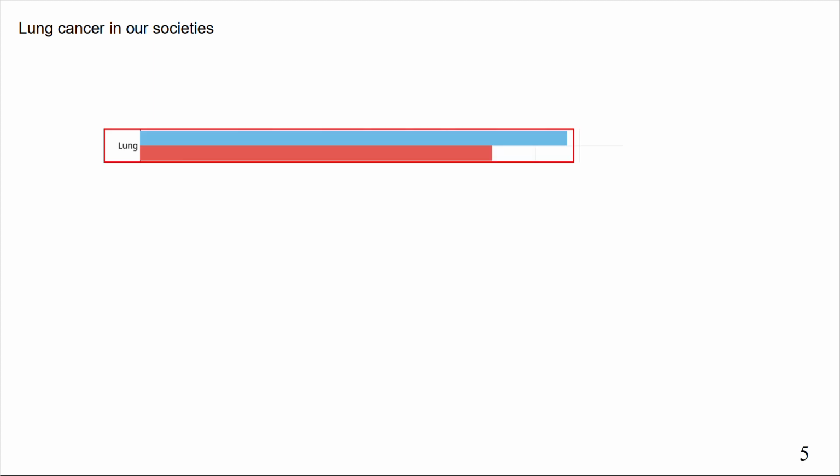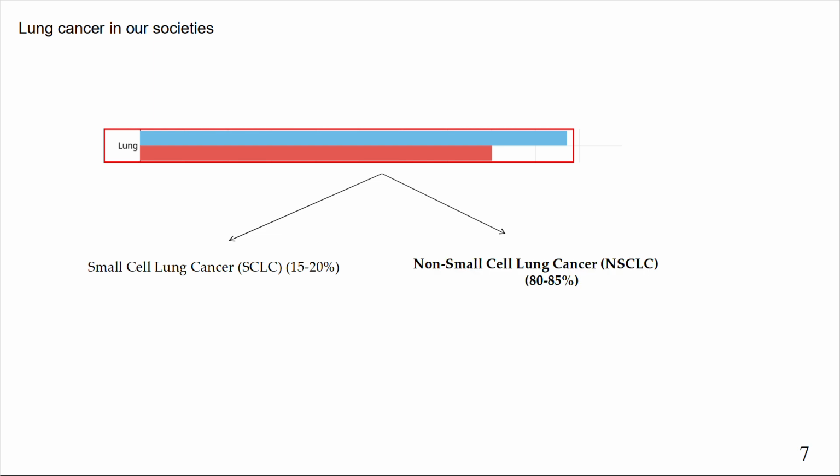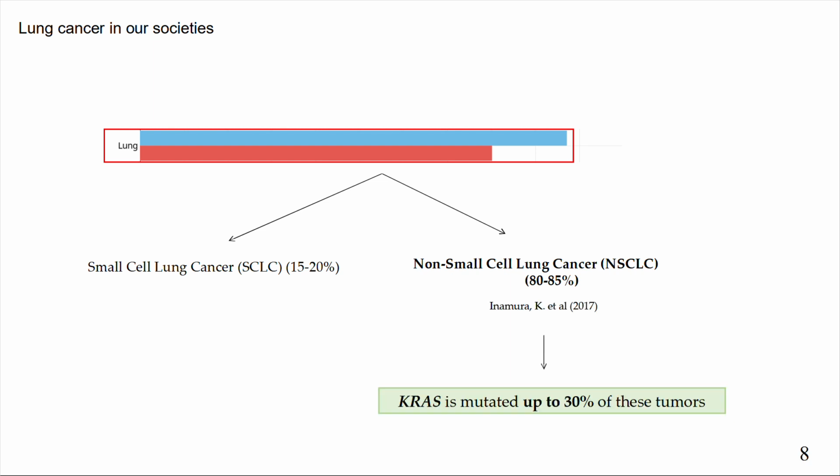Lung cancer can be further subdivided into different groups: small cell lung cancer with around 20% of the cases, and non-small cell lung cancer with around 80 or 85% of the cases. An important feature of non-small cell lung cancer is that the oncogene KRAS is mutated in up to 30% of these tumors.